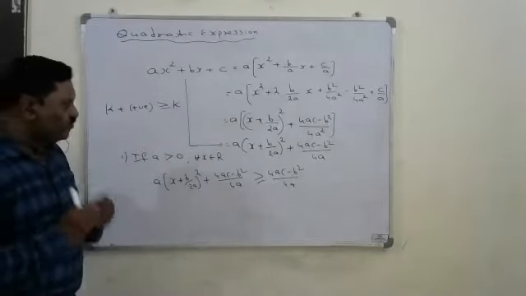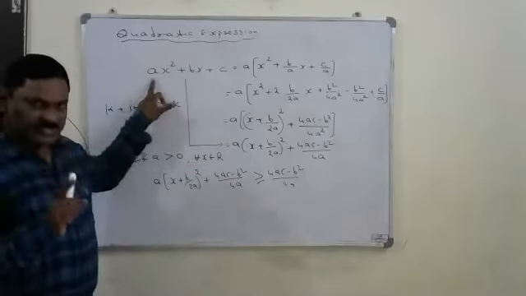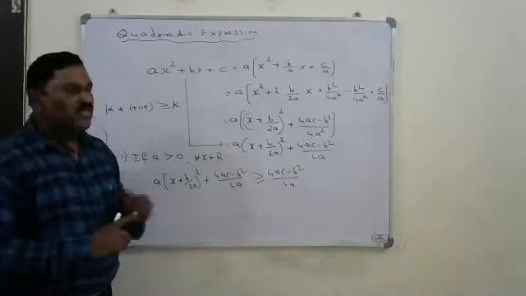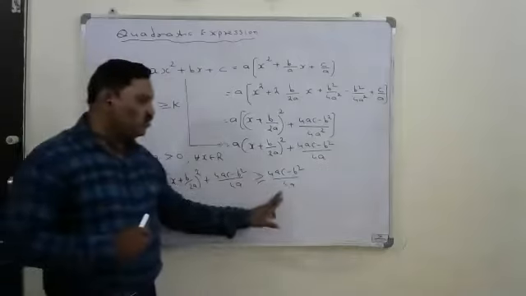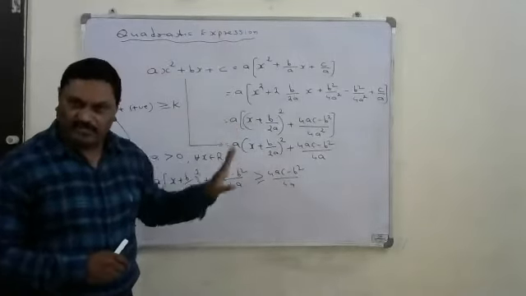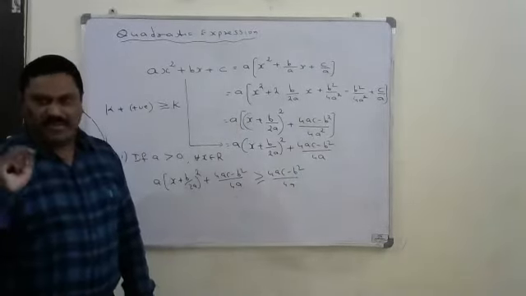Understand? So this is the point you have to remember. Whenever the coefficient of x square is positive, remember that, this expression will have a minimum value. That minimum value is (4ac minus b square) by 4a, and this is available at x equal to minus b by 2a.